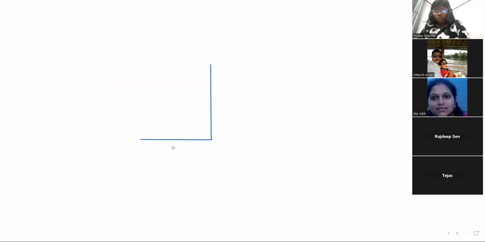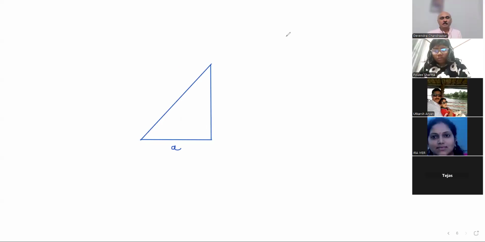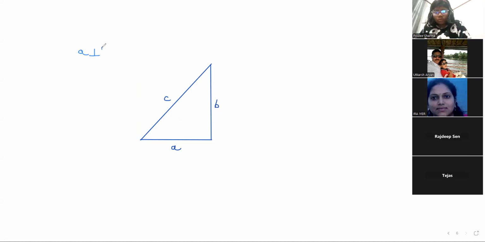Suppose this is a right angle triangle and the sides are A, B, and C, right? A and B are perpendicular sides.